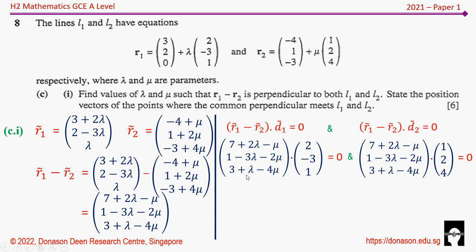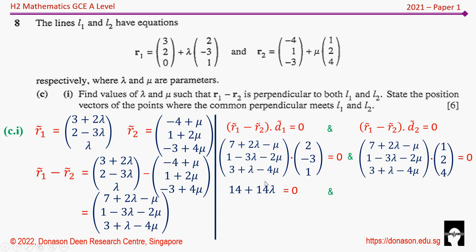Now if you perform the dot product and the simplification, you're going to get 2 times 7 plus 2 times 2 lambda minus 2 mu plus minus 3 times 1 minus 3 times minus 3 lambda minus 3 times minus 2 mu, and so forth. After you perform all the simplification, you will finally end up getting 14 plus 14 lambda, and mu would disappear, because you're going to have a minus 2 mu, and here you're going to have a plus 6 mu, and then a minus 4 mu.